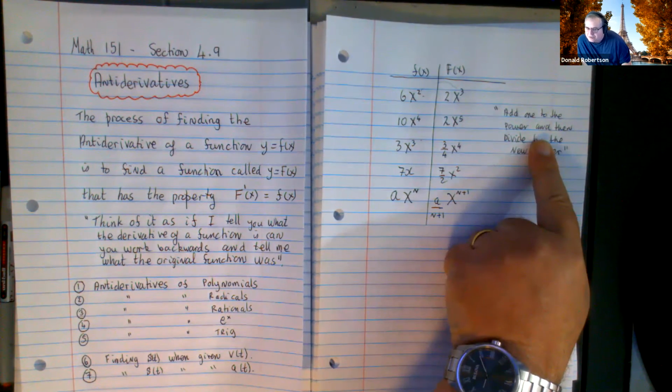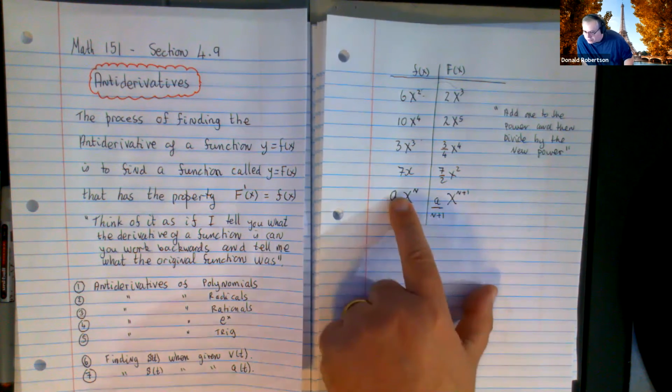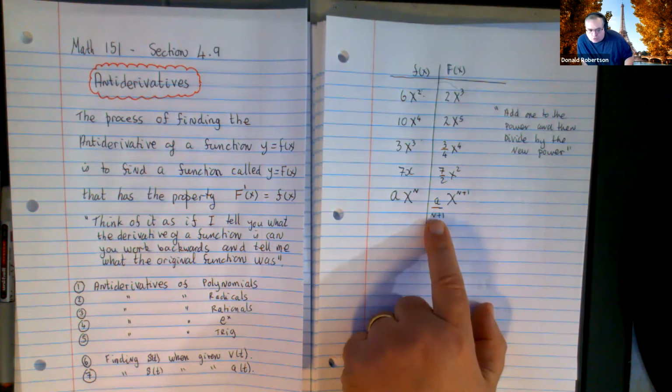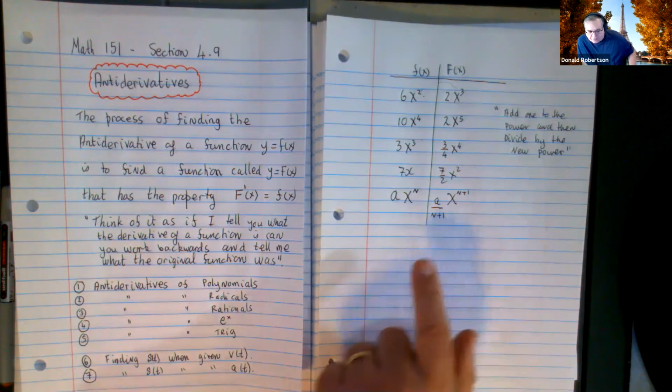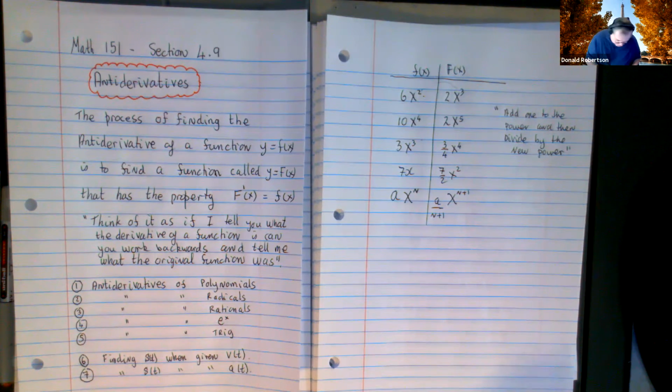That's how you find the antiderivative of any polynomial, any power of x. And this is what the rule looks like if you do it more algebraically, right? You see I'm adding 1 to the power and then I'm dividing by that new power. If you can memorize this rule, you can find the antiderivative of every polynomial in the universe, because they all follow that same rule.